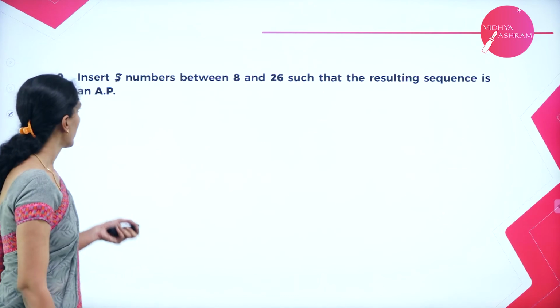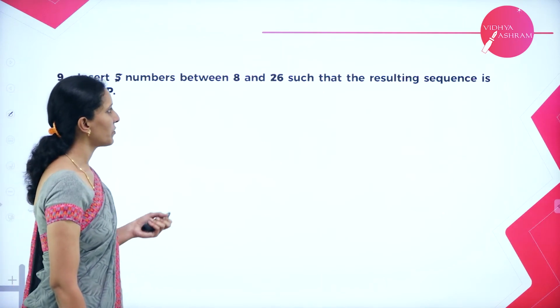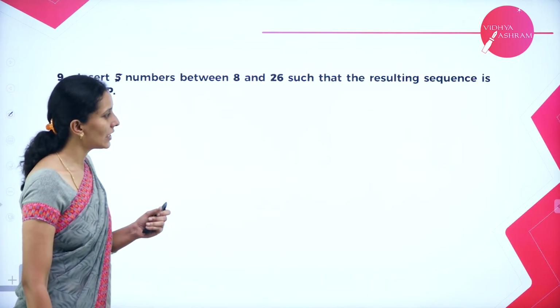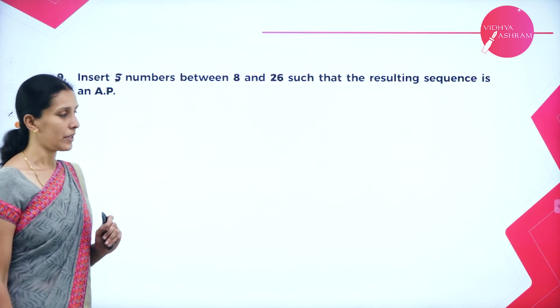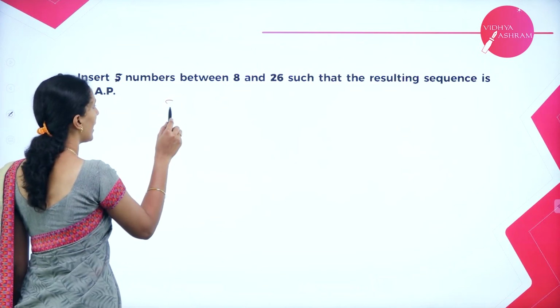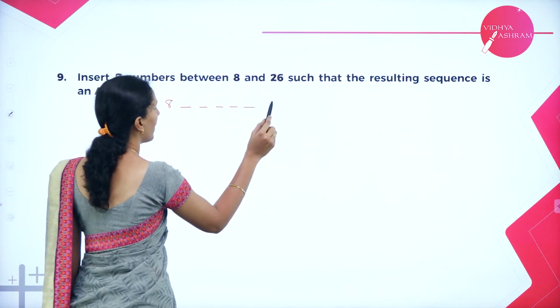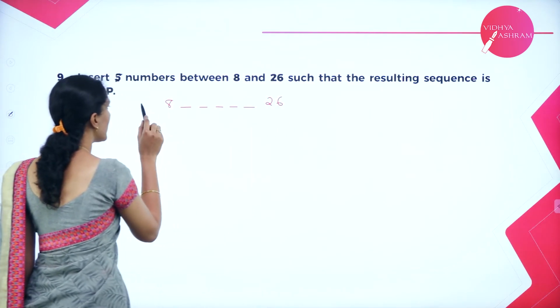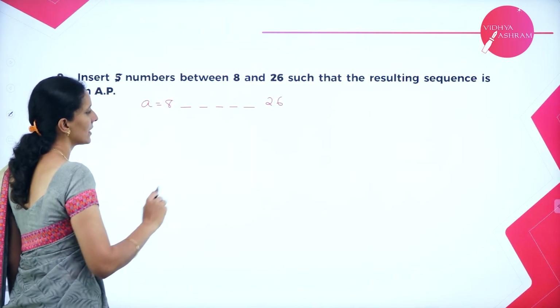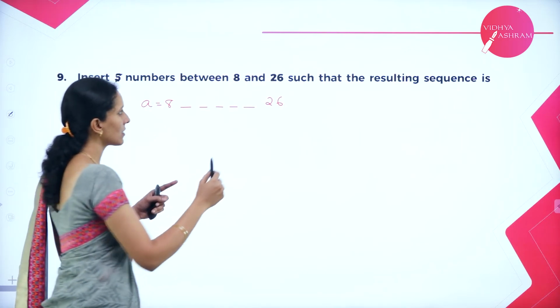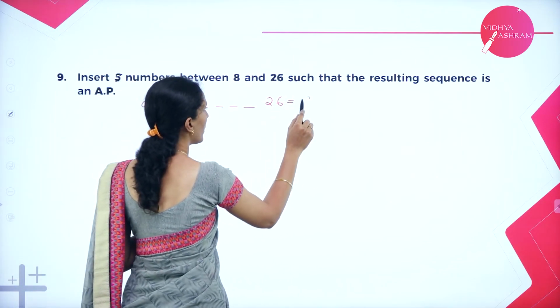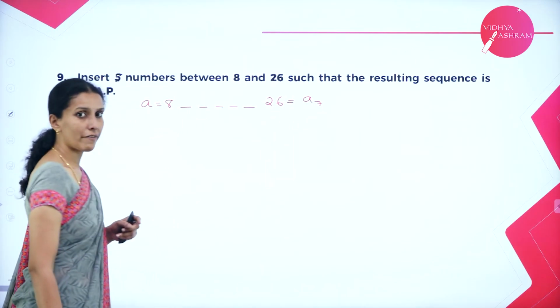Next question. Insert 5 numbers between 8 and 26 such that the resulting sequence is an AP. So clearly we have 8, 1, 2, 3, 4, 5, 26. That means my first term is 8. Last term is 26, which is equal to A7 because this is the 7th term.